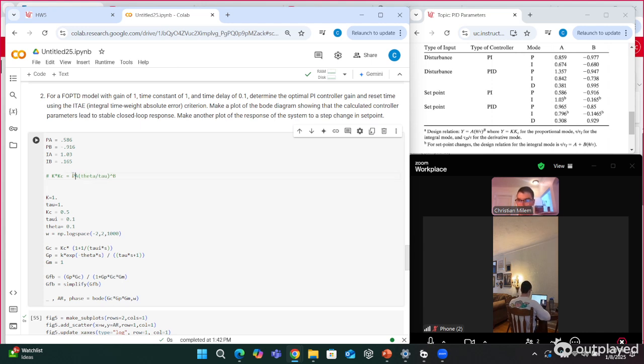So that's going to be our PA, raised to the power of PB, and then tau I is going to be equal to, do some algebra right here, tau divided by IA plus IB times theta divided by tau.